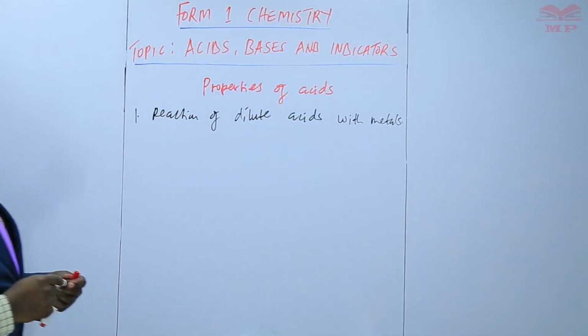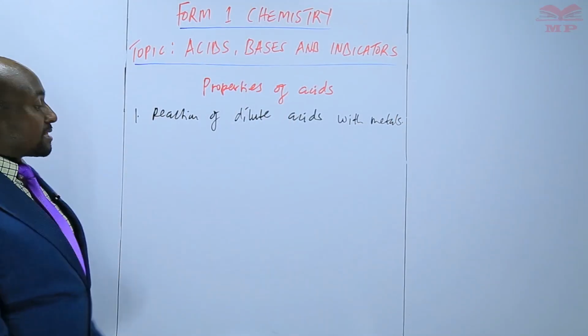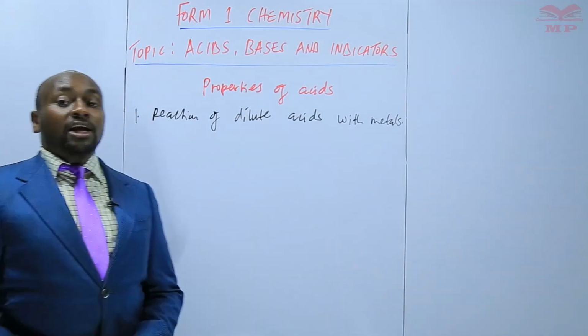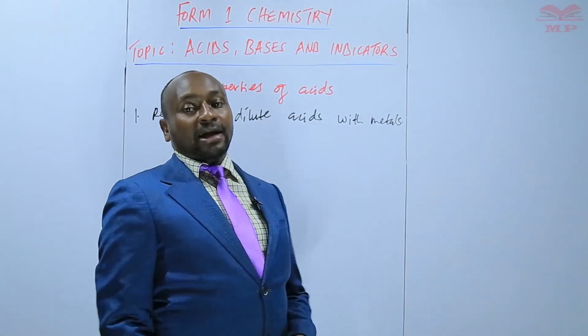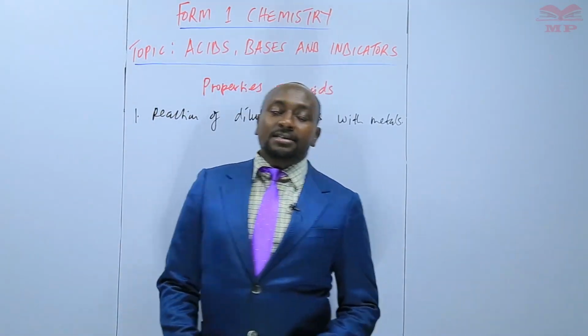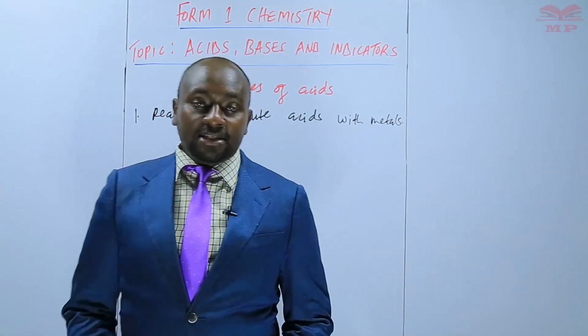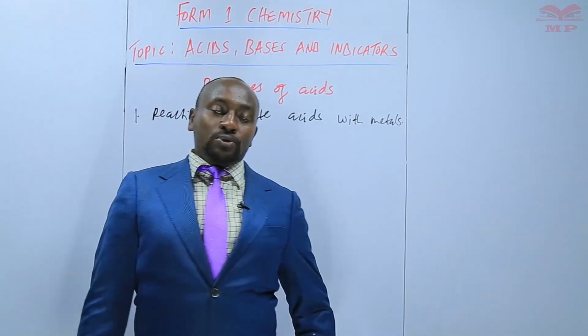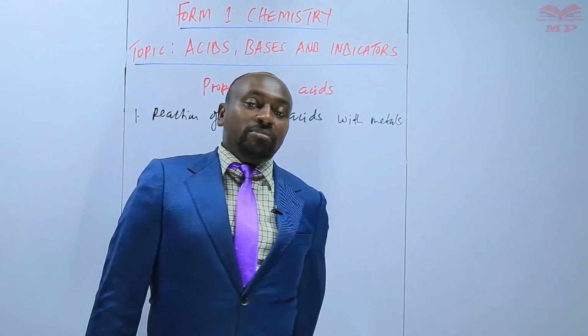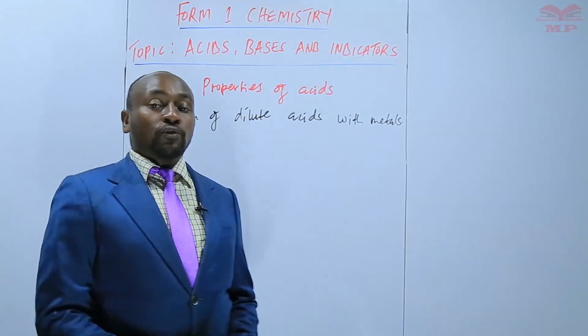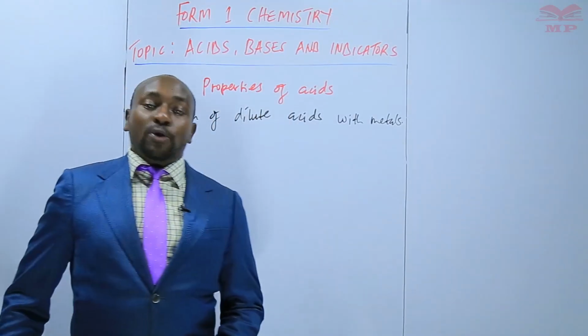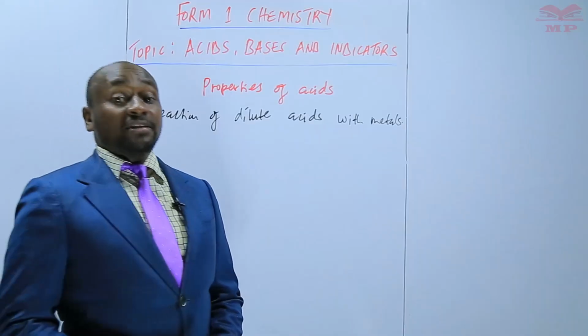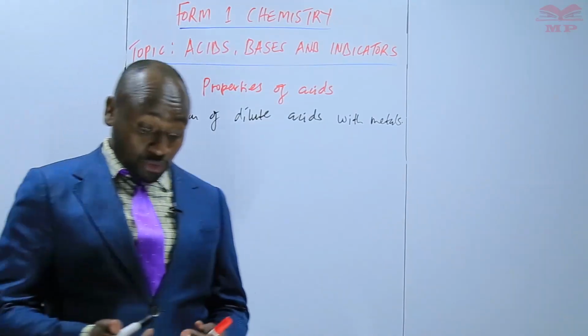So the common dilute acids that we have include acids such as hydrochloric acid, sulfuric acid, nitric acid, phosphoric acid. All those acids react with metals. So we want to find out what are the products that are formed when these acids react with metals.